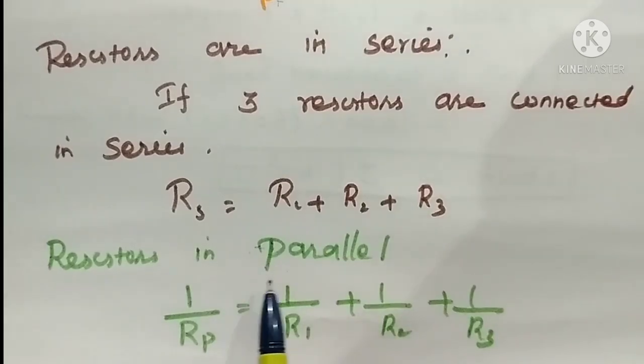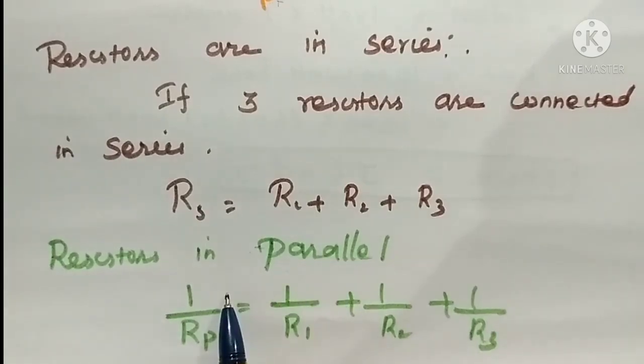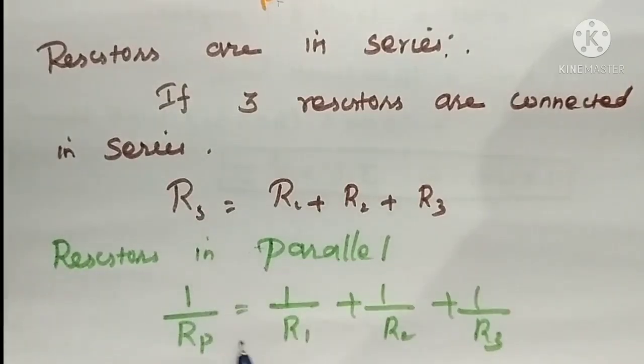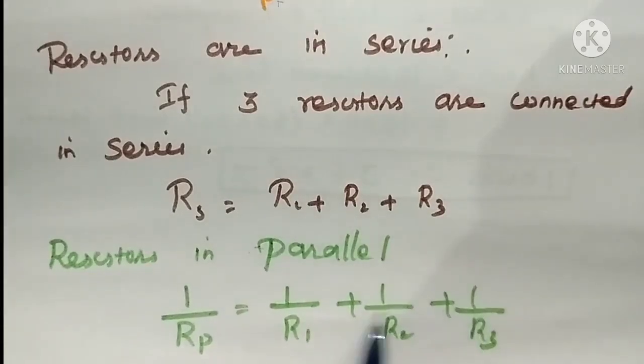Now, if three or more resistors are connected in parallel combination, how will you represent the formula? 1 by Rp is equal to 1 by R1 plus 1 by R2 plus 1 by R3.